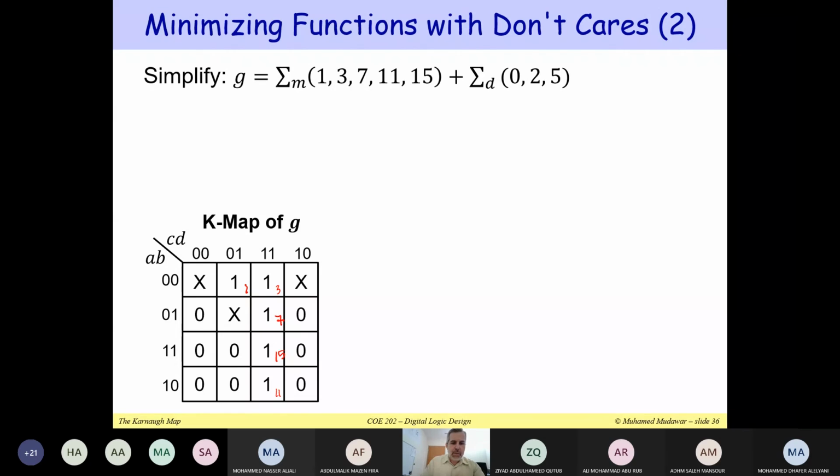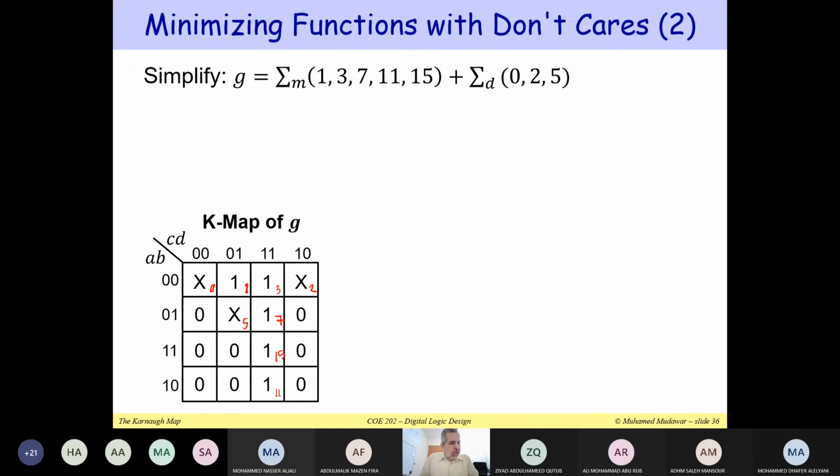So these are my minterms, the 1 entries. The don't cares are at index 0, index 2, and index 5. Is this clear? My handwriting is difficult.